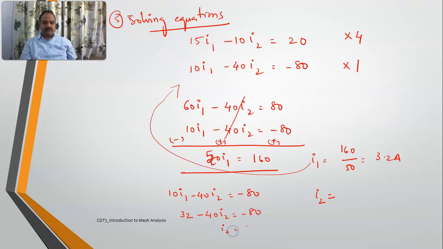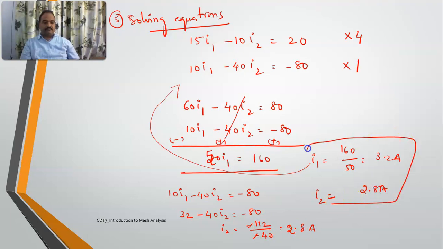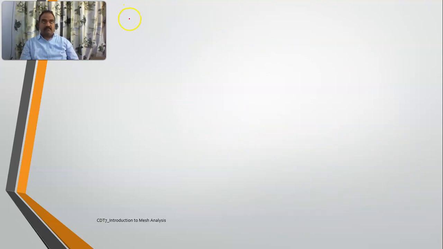So I2 is equal to minus 112 by minus 40, so it is 2.8 amperes. Right. So once you have done it, then we will determine the branch currents.